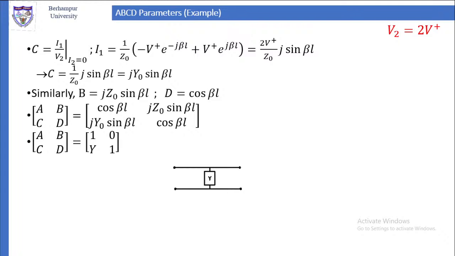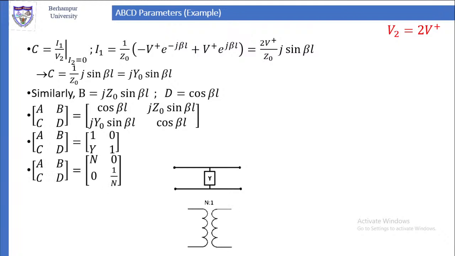When we consider shunt connections, we consider admittances. For impedance, we have found out ABCD parameter as 1 Z 0 1. For admittance, when it is shunted, not in series, then ABCD parameter you can easily find out to be 1 0 Y 1.